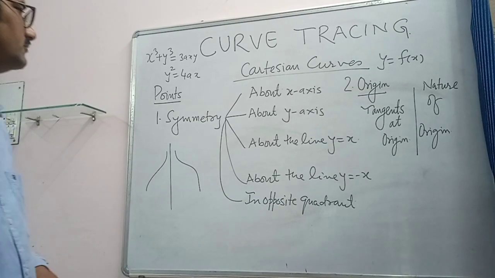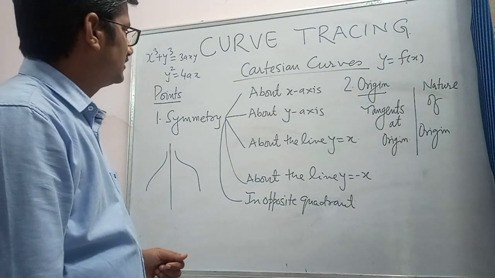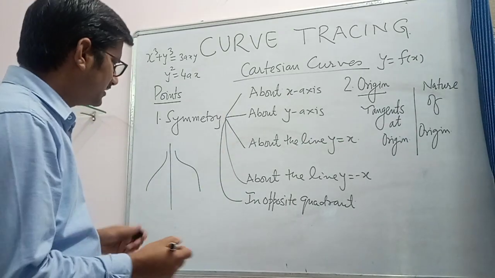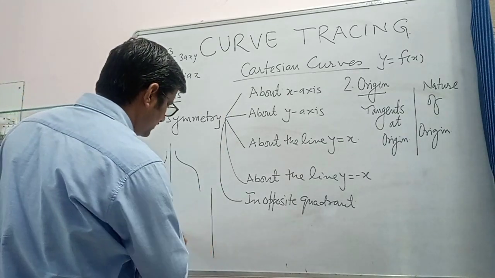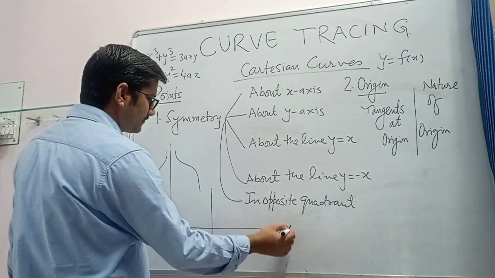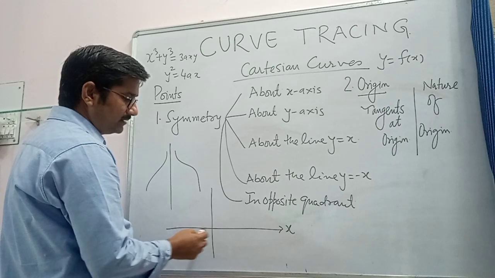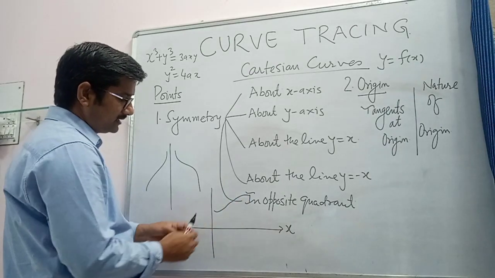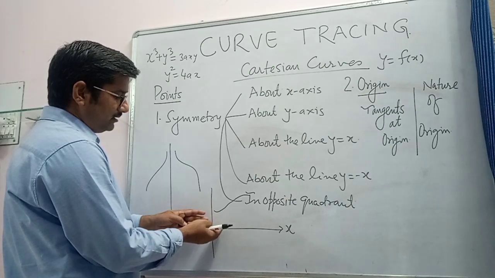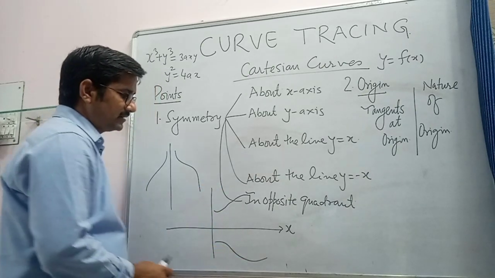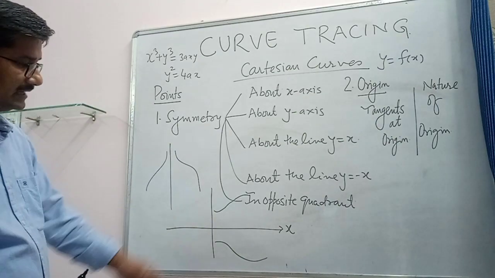Suppose we want to test whether a curve is symmetric about the x-axis. This is my x-axis, and suppose the curve is symmetric about this axis. It means the shape of the curve above this axis will be the same as the shape below the axis.